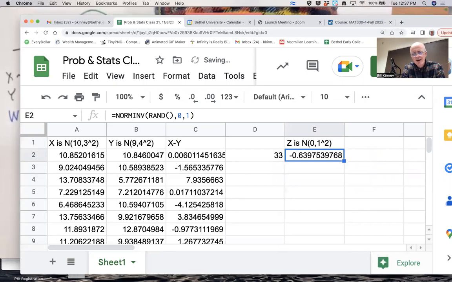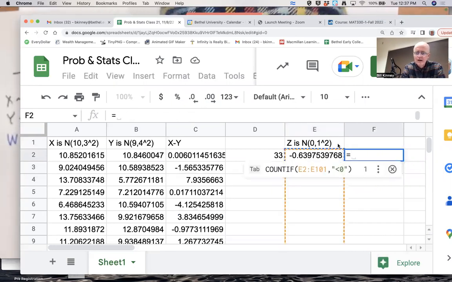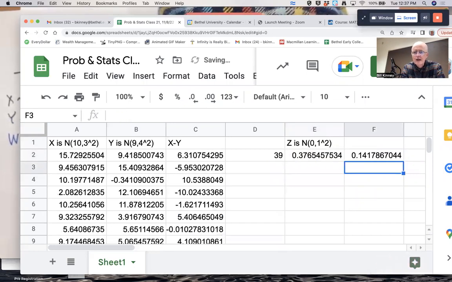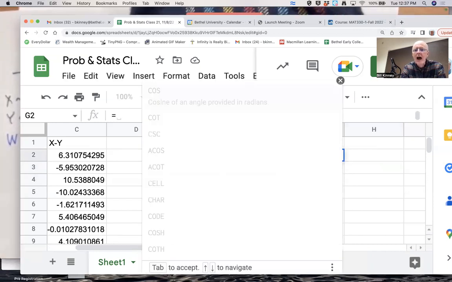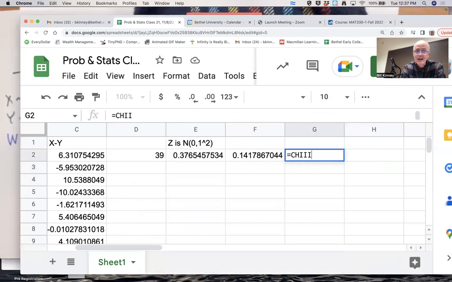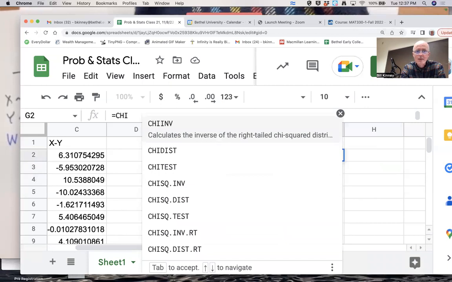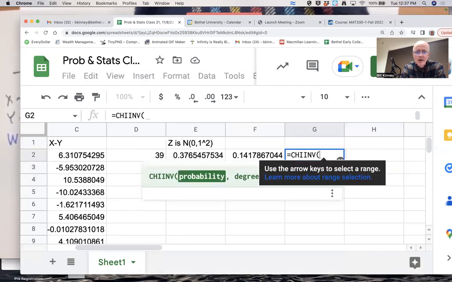I can certainly square that. So I'm squaring the output, an observed value of a standard normal there. Is there a chi-squared inv or something? I don't remember. There is a CHIINV. Maybe that'll do it. I bet that will do it.